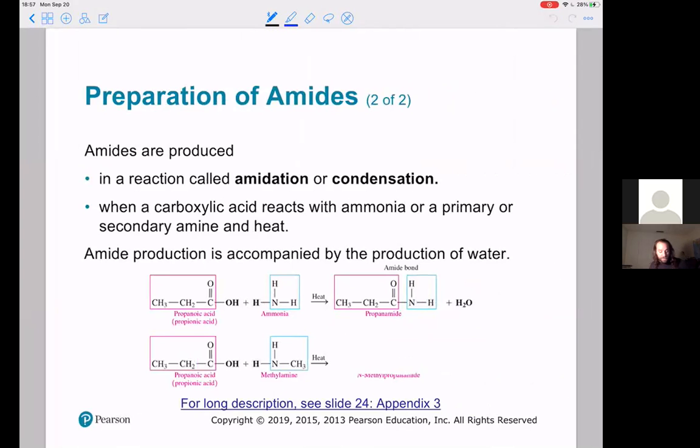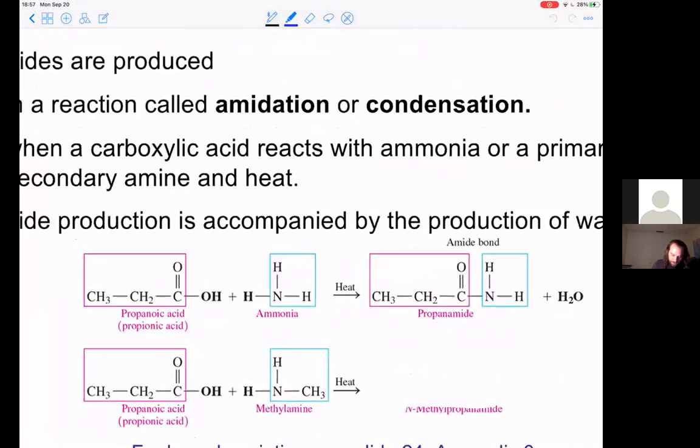Amides can be prepared from amines and carboxylic acids. This would be called a condensation or amidation reaction, where you have a carboxylic acid reacting with an amine to form an amide. Let's see what's up here.